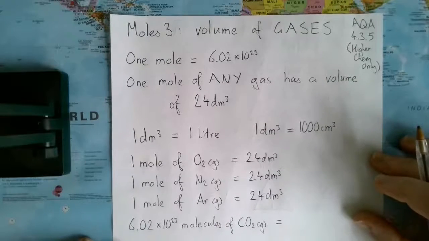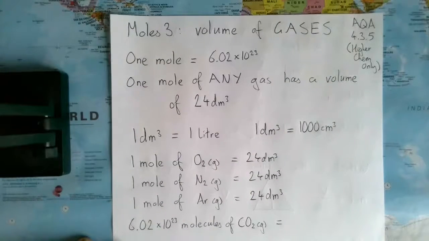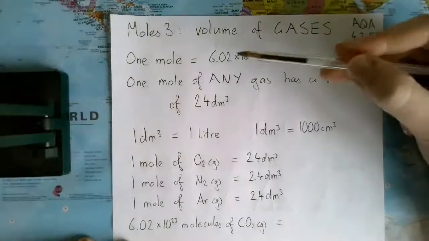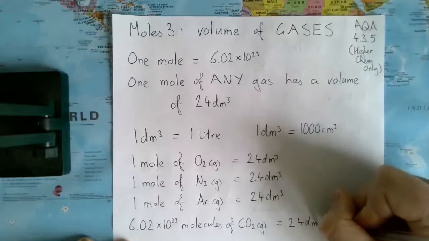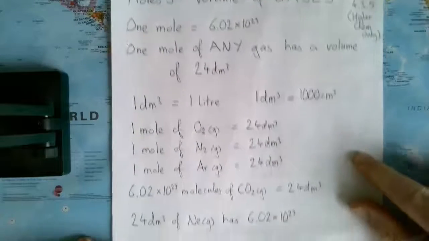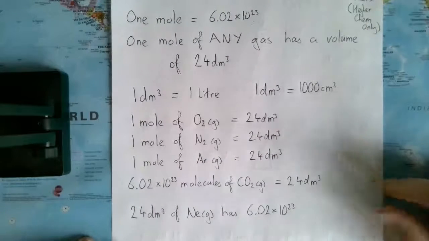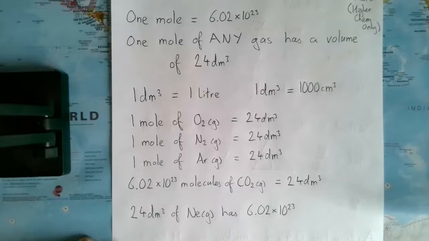Alright then, how could they mess with you? Instead of telling you you've got 1 mole of it, they could say, you've got 6.02 times 10 to the 23 molecules of carbon dioxide. Hang on, 6.02 times 10 to the 23? Hey, that's 1 mole. 24 decimeters cubed. Alright then, the examiners, they know you've got this, they'll turn it on its head. They tell you that they have got 24 decimeters cubed of neon, and that has got what in it?